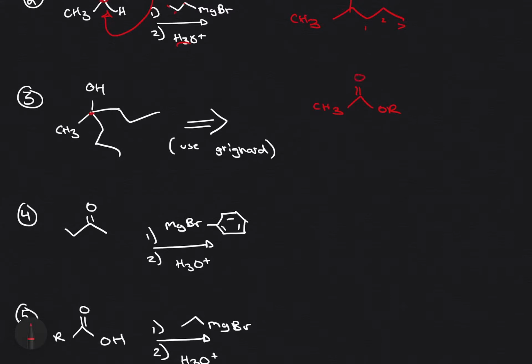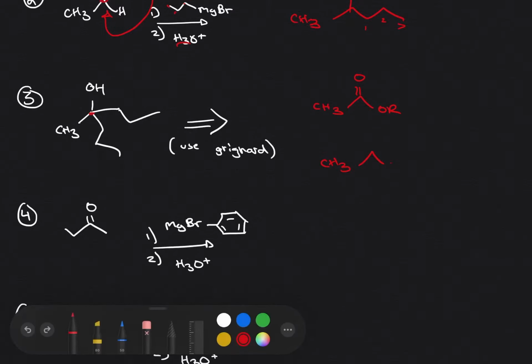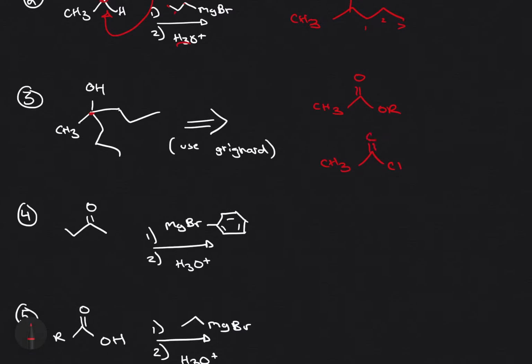It wouldn't matter what group you have on there, because we know, and let me draw an acyl halide just like this, and we could react each separately, not together. We would react it with the same starting material.